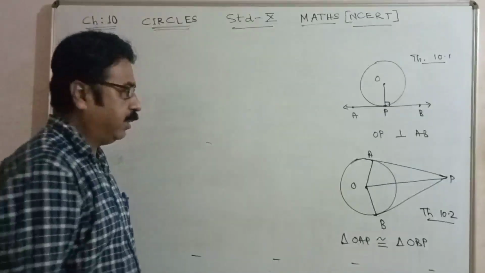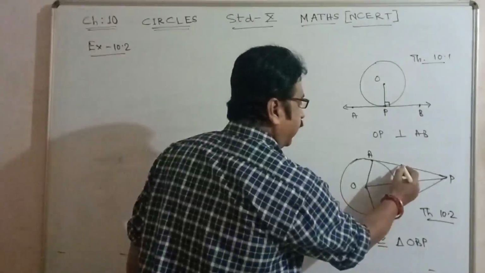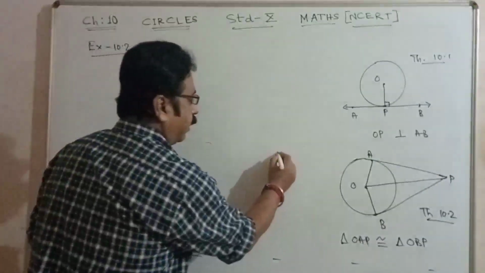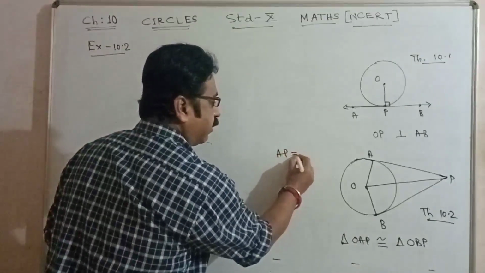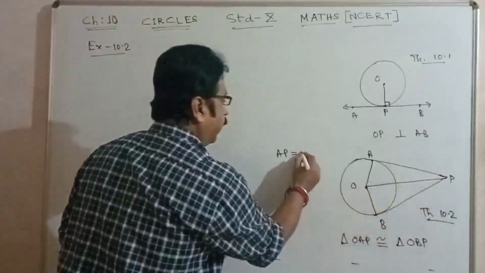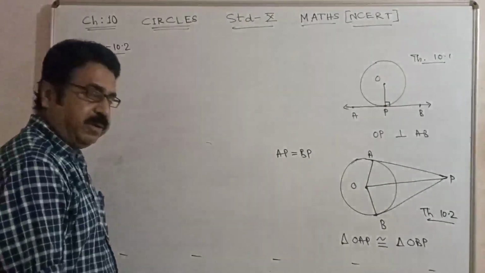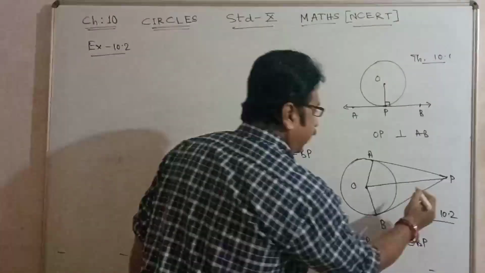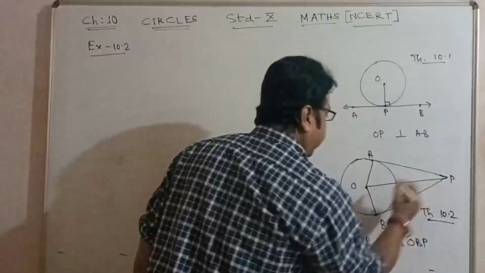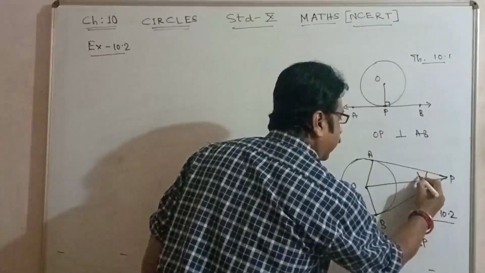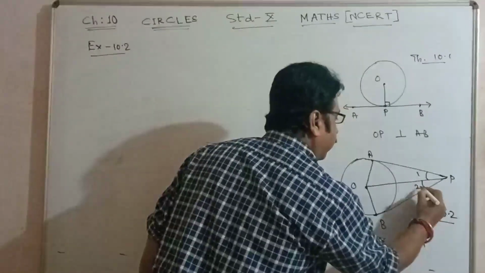After congruency, we got this tangent AP equals BP. By CPCT, we got this angle. Suppose this is angle 1 and this is angle 2.